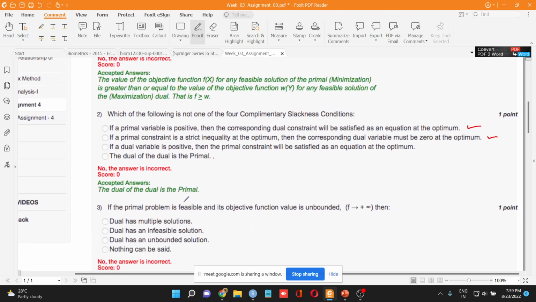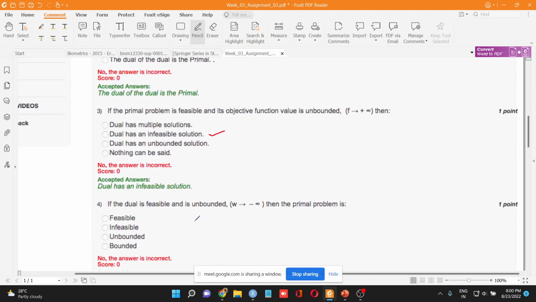And if the primal problem is feasible and its objective function value is unbounded, meaning the objective function goes to infinity as the solution value increases, then you can say the primal problem is unbounded. Then the dual would be infeasible. Next, if the dual is unbounded, then the primal is infeasible.